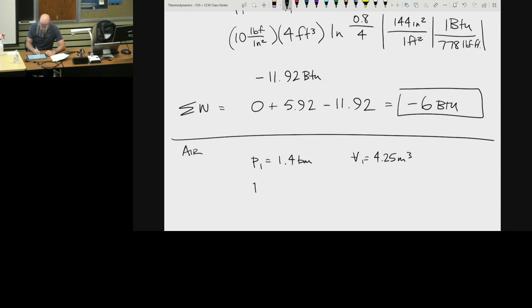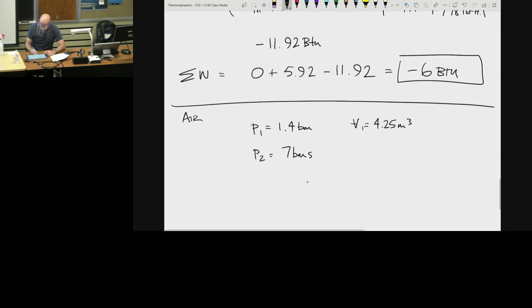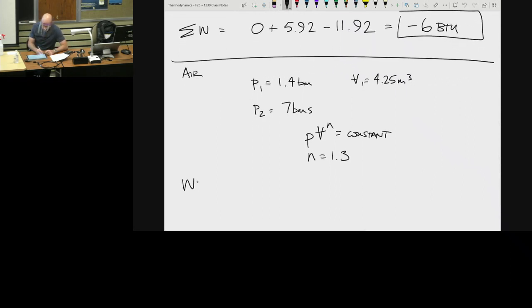And they tell me that P2 is equal to 7 bars, and that the relationship is PV to the N is equal to constant. They tell me it's polytropic, and that N is equal to 1.3. They give me the polytropic exponent is 1.3. They want me to find out what the work is.